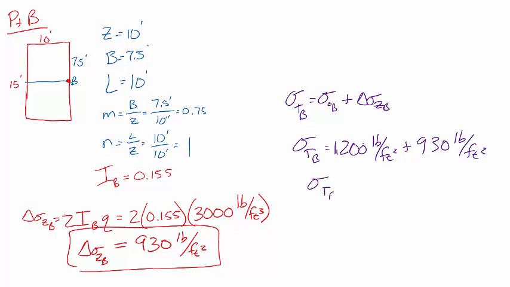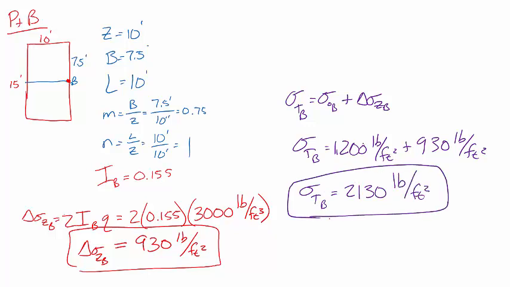So the total stress at B will equal 2,130 pounds per square feet.